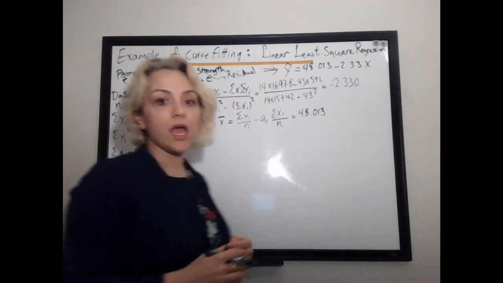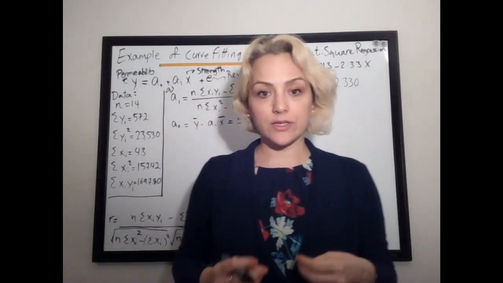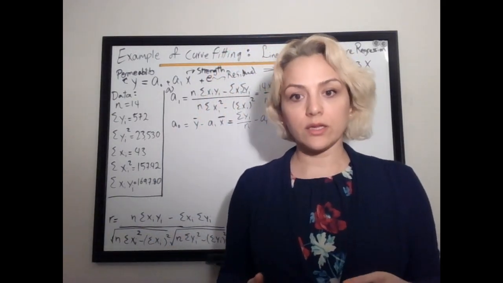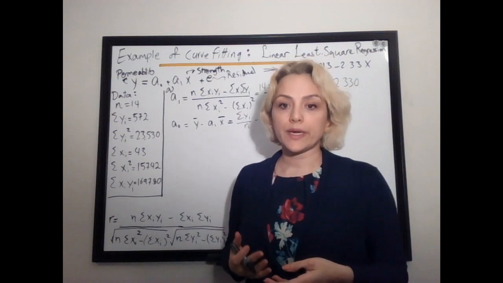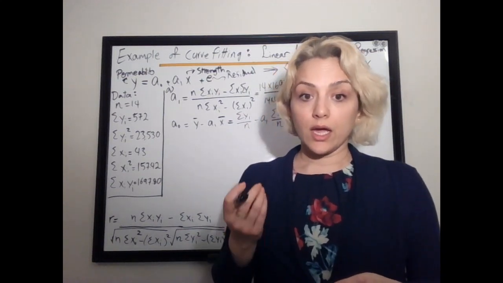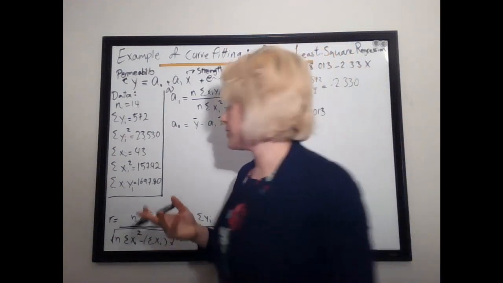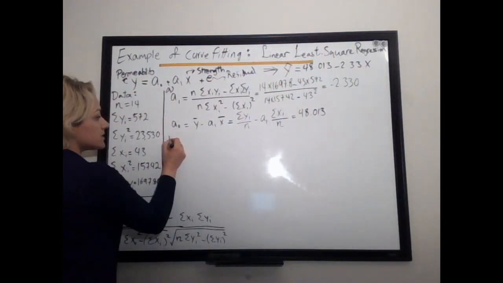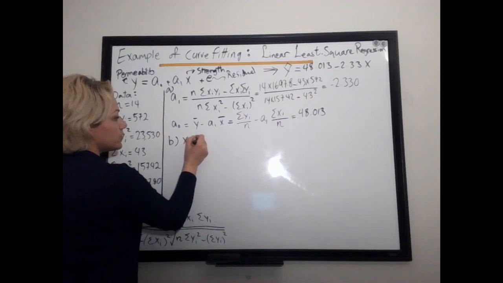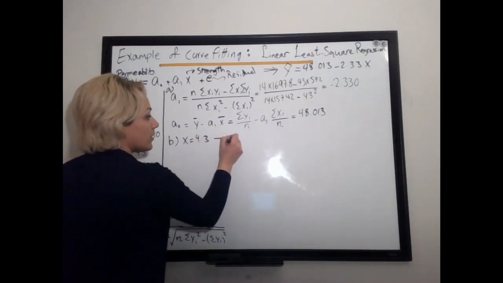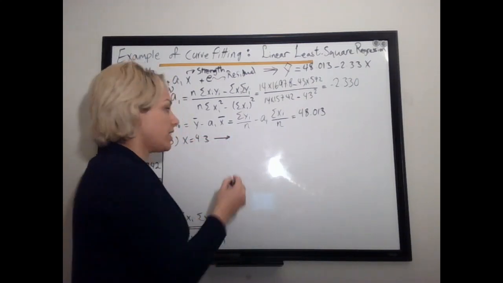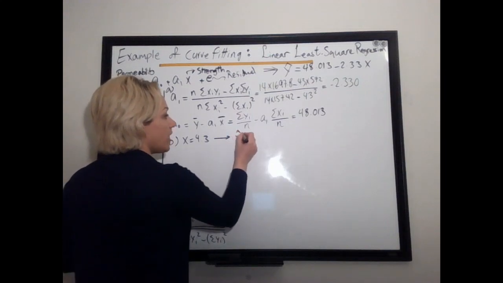This was part A. Part B says to use the equation of the fitted line or the regression model to predict what y would be observed when x is equal to 4.3. So in part B, if my x is equal to 4.3, find an estimation for y. So find out what's going to be my y estimation.